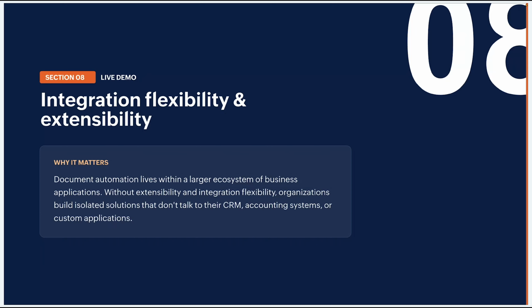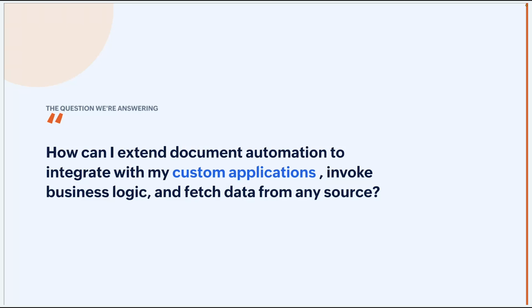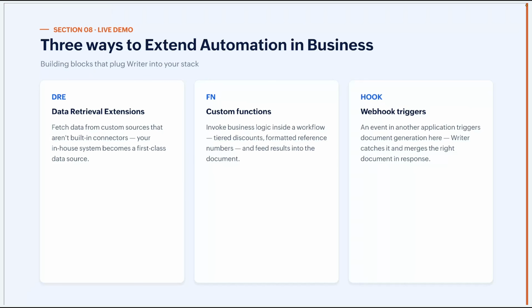So the question here would be, how can I extend document automation to integrate with my custom applications, invoke business logic, and fetch data from any source? Well, Writer's automation platform gives you a few building blocks for this. First, data retrieval extensions, and we call that DRE.